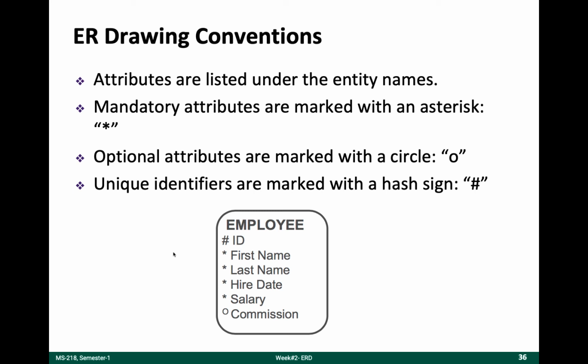But for that company, you would say, okay, it's optional. Same is the case with commission. Might be there are so many employees who wouldn't have any commission. So you don't have to enter any value for commission. Okay. That's fine if that thing is null or blank.